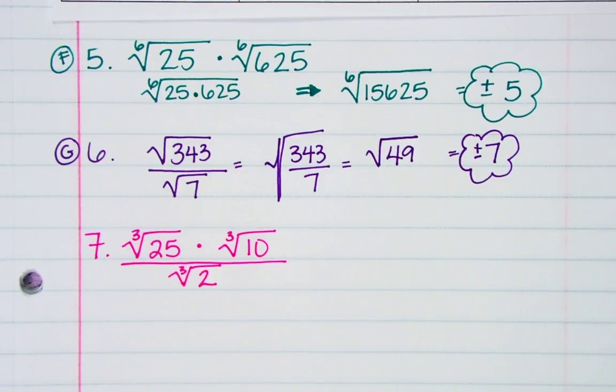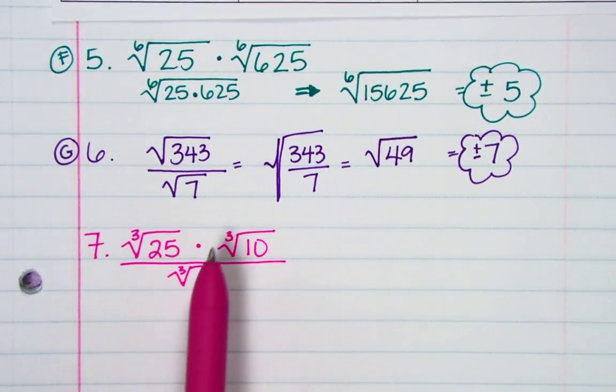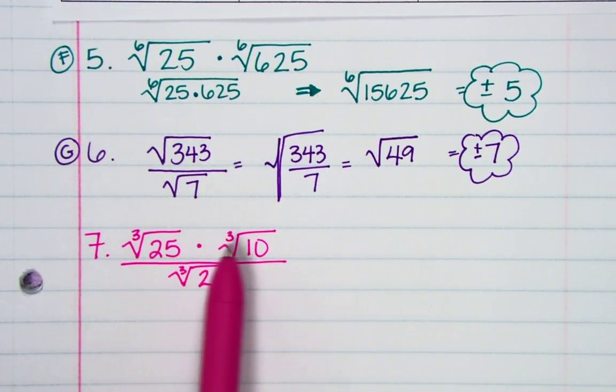Anyone besides Alvaro want to venture a guess? What property are we using? Keep looking. One of the two. Actually, which property are you using on the top? F. Which property are you using with the bottom?